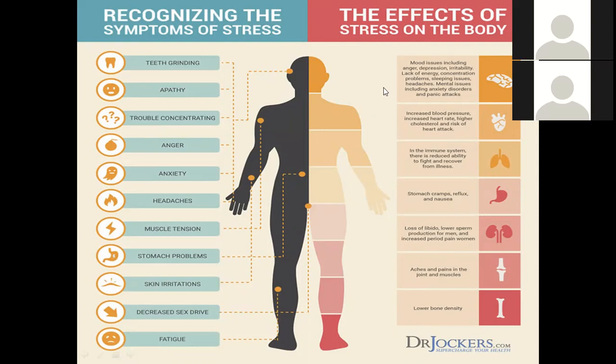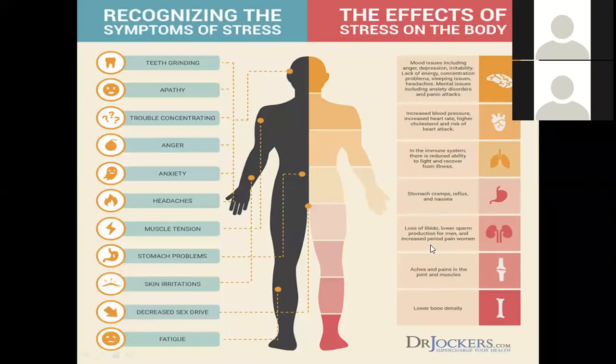And then stress, things like mood changes, increased blood pressure. Lots of people are having high blood pressure and high cholesterol, and yet it might be as a result of poor sleep. Immune system, we've talked about it. That's what I introduced us with. Then people who get stomach cramps and reflux and nausea.